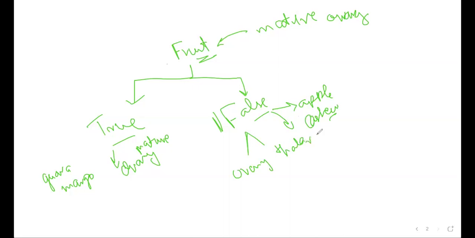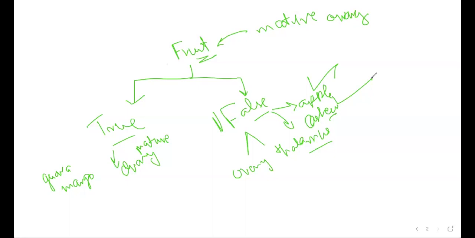So the fruit is not made from the ovary alone; something else is also added to it, and that is the thalamus. Such fruits, as in the apple and the cashews, are known as false fruits, in which both the ovary and the thalamus become part of the fruit. Such fruits are not true fruits, they are false fruits.